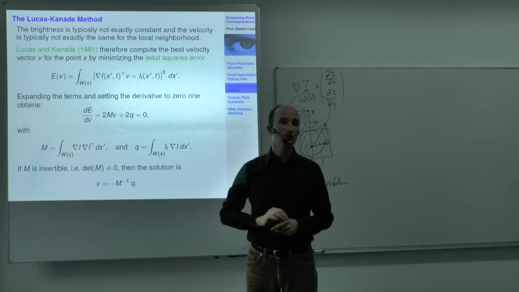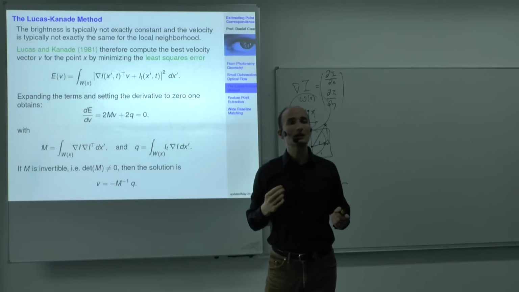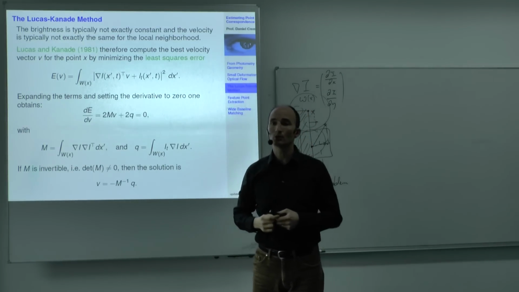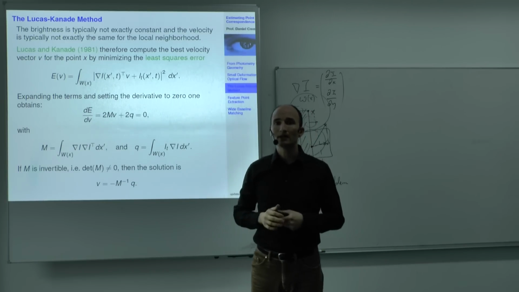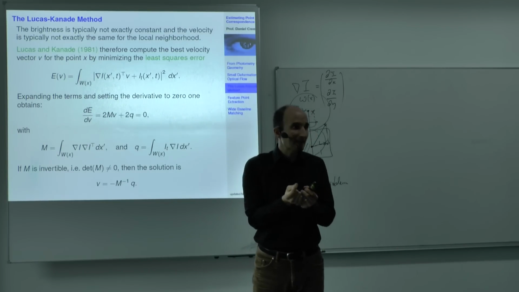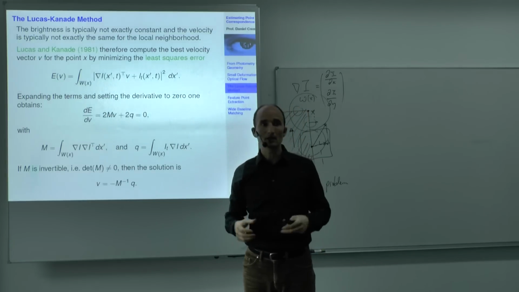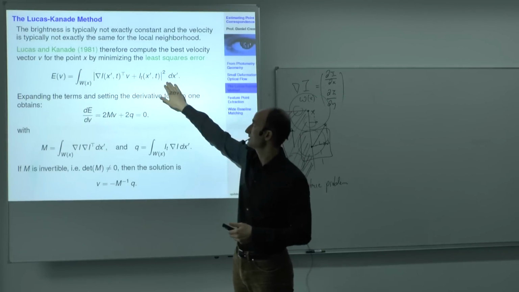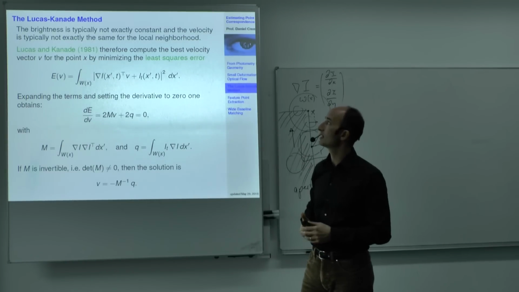In reality it will not be zero, but we'll assume it's small. It's very much like if you do equation solving, you want to find a solution to an equation, but if it doesn't have any, you want to find some x that is as close as possible to making the equation true. And this is in some sense what you do here, and this is called in this setting a least squares error.